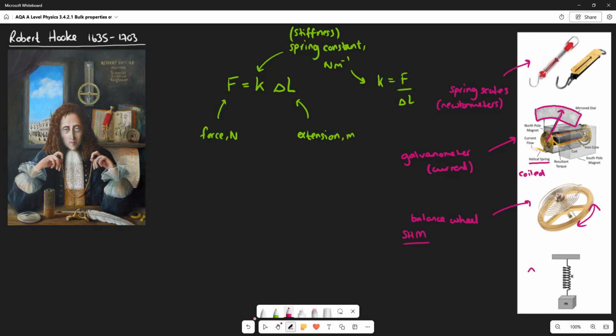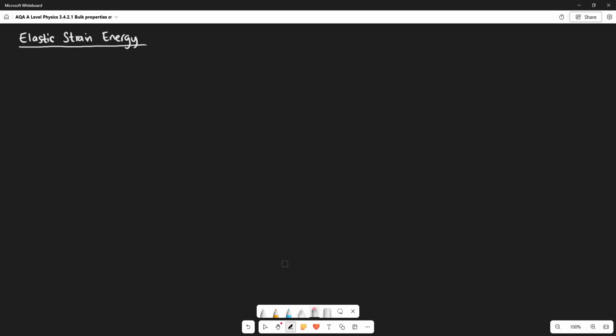Springs that are oscillating are converting kinetic to gravitational potential energy and back again, such as in this example here. If we apply a force to a spring, we can measure its change in length, its extension, and we can plot the force against the extension.